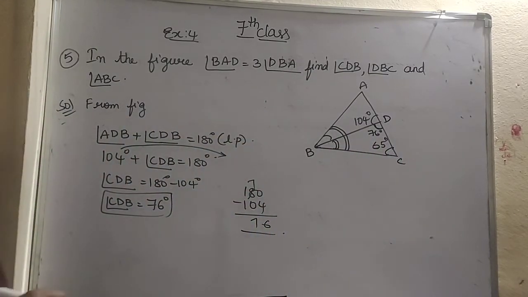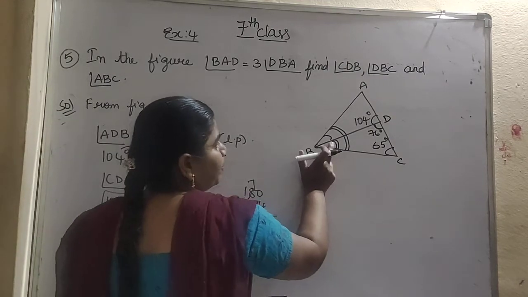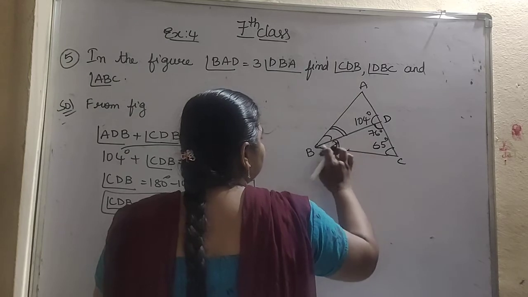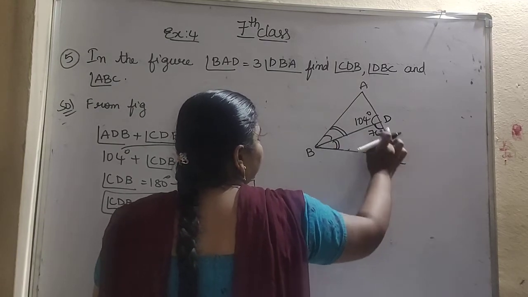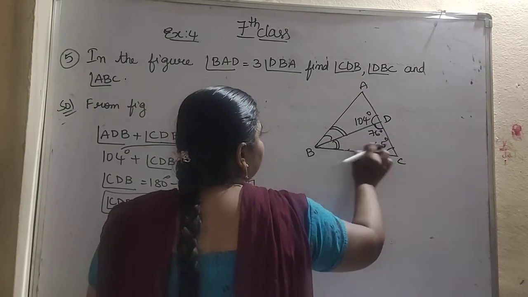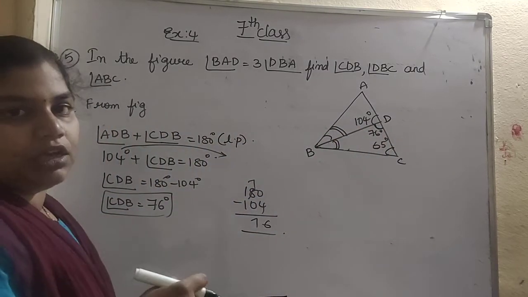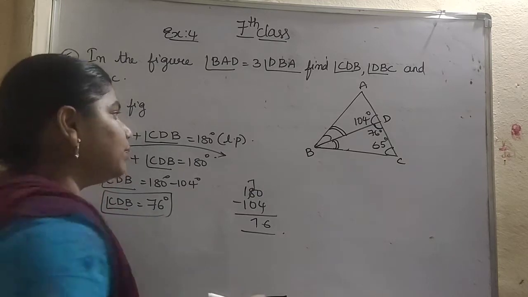Now what we have to find? We have to find this angle B. How to find it? If you see, this is a triangle. In a triangle, the sum of three angles is equal to 180, by the angle sum property.